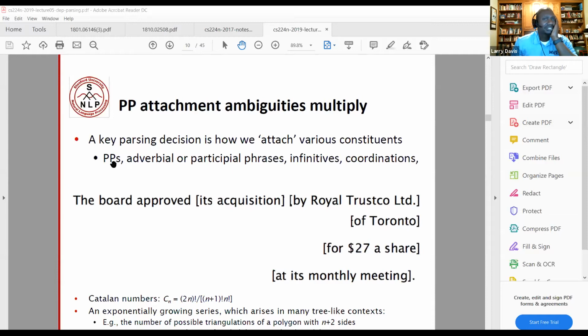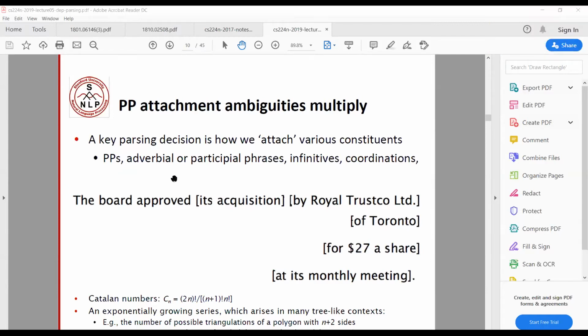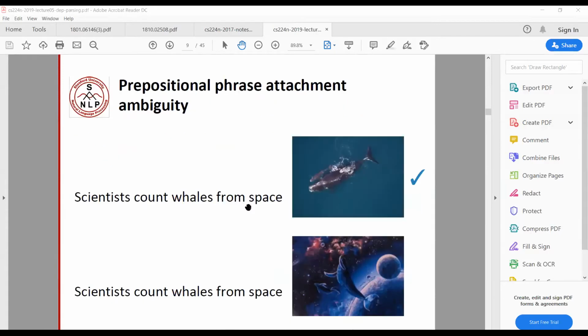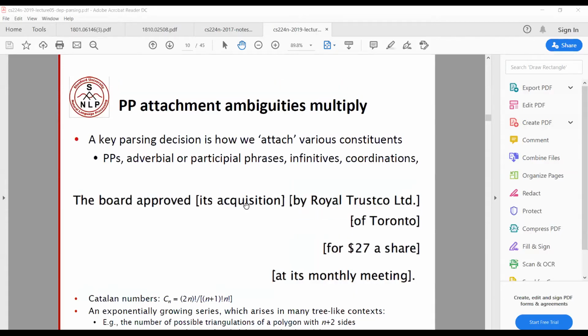Well, it's participial phrase, as he says right in the slide. Oh, participial phrases. Okay, so can somebody give an example of a participial phrase? Its acquisition, would that be an example? Can somebody give an example of a participial phrase?